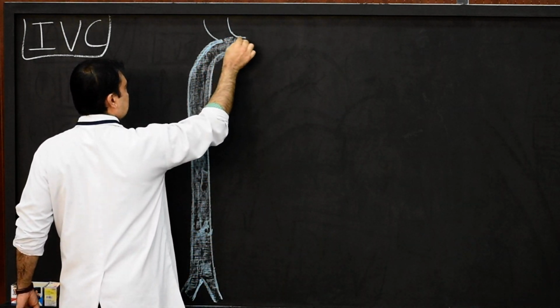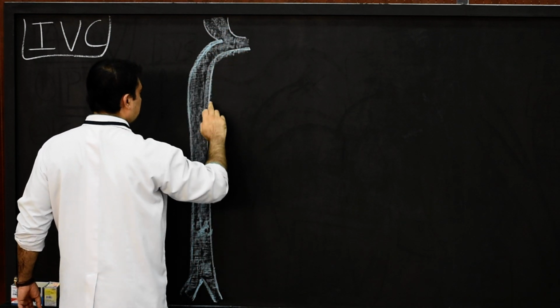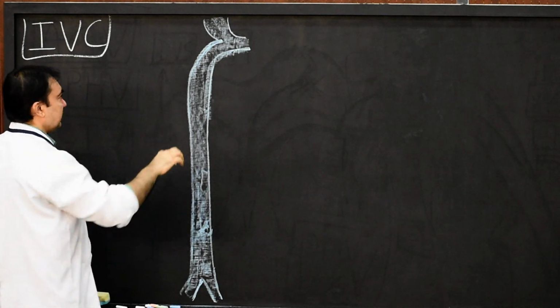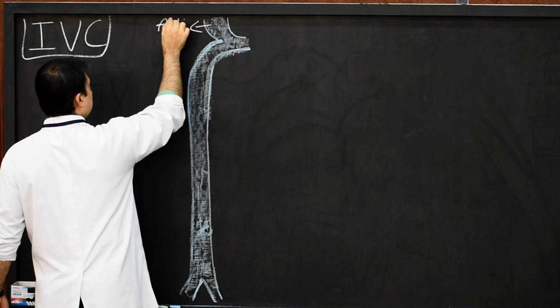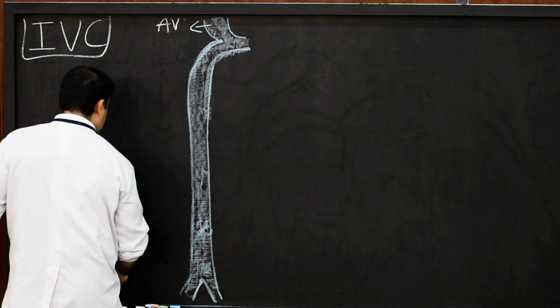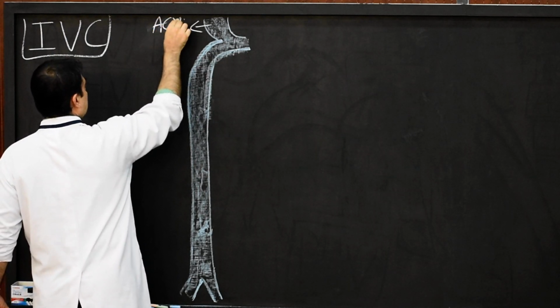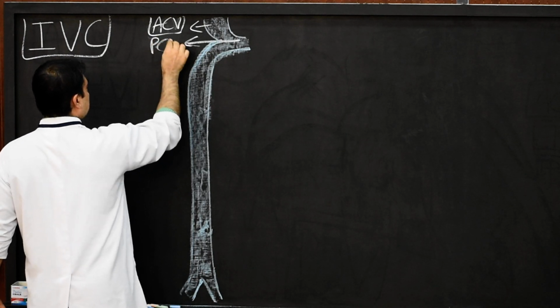And here, this is the right common cardinal vein, and from above there is the anterior cardinal vein. We have learnt about the anterior cardinal veins and common cardinal veins. So this is just for marking the anterior cardinal vein. On the right side, this will be the posterior cardinal vein.